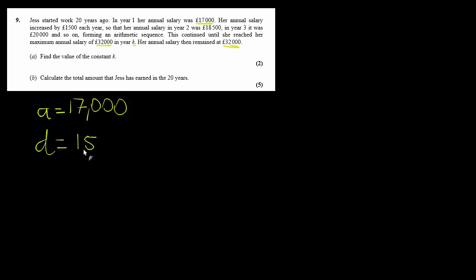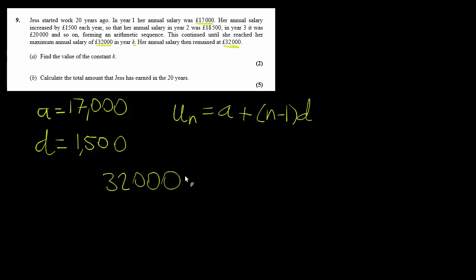For a sequence, any term is given by u_n equals a plus (n minus 1)d. So in this case, we're looking for u_k, the kth term that gives us 32,000.